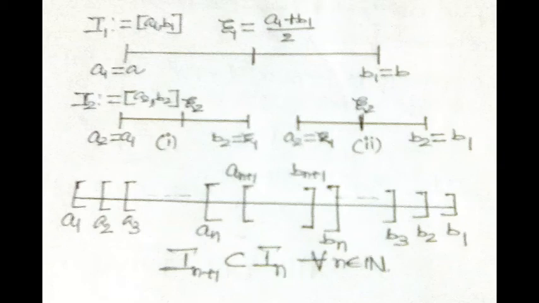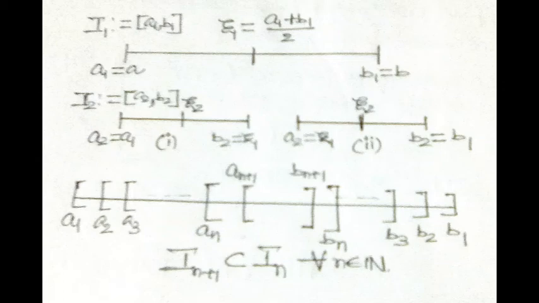So if we continue this process, after a finite number of steps we will get I1, I2, I3, In and so on. Clearly I1 will be the biggest one, I2 will be smaller, and if we continue this process many times, then clearly In will be the smallest interval.